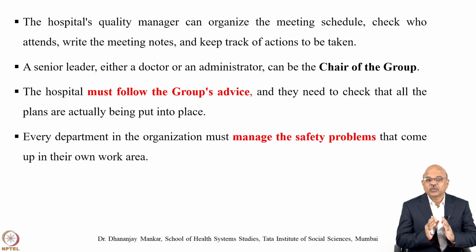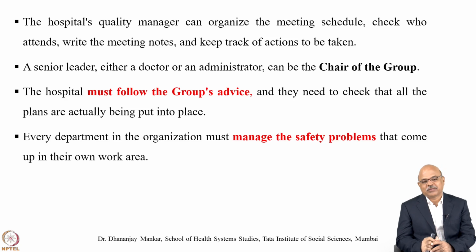The hospital must follow the group's advice, which is very, very important. They need to check that all the plans are actually being put into practice. Every department in the organization must manage the safety problems that come up in their own work area.